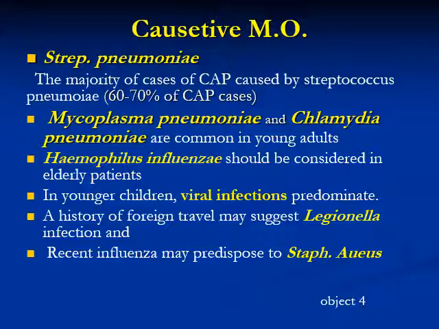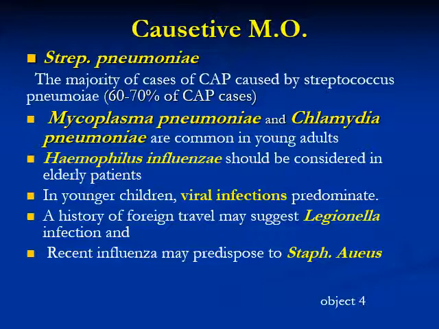About 60 to 70% of the cases of community-acquired pneumonia are caused by Streptococcus pneumoniae. These are gram-positive cocci present in pairs, called gram-positive diplococcus.